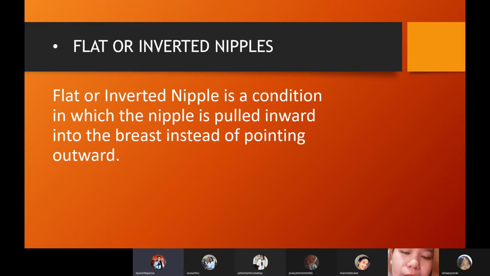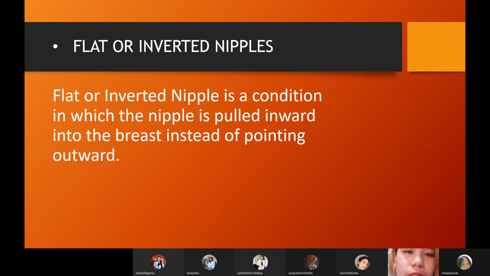Flat or inverted nipples. That is the second problem. Okay, thank you.